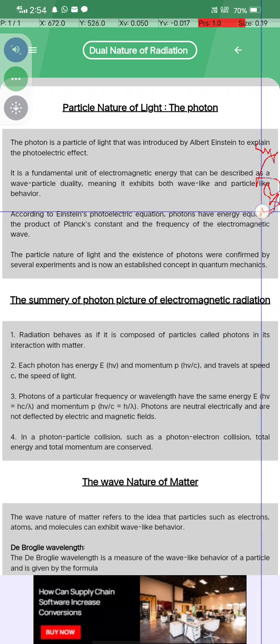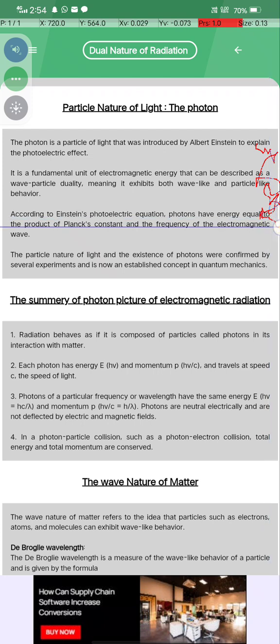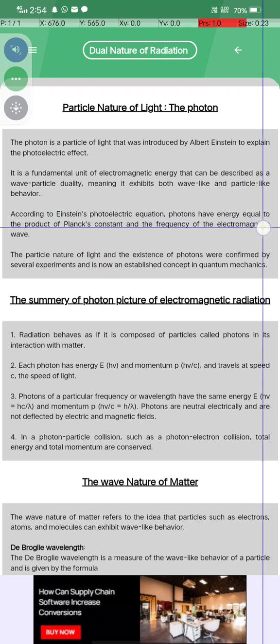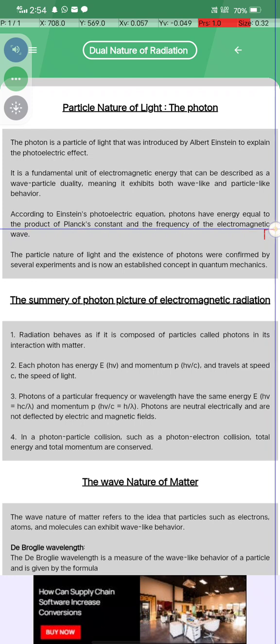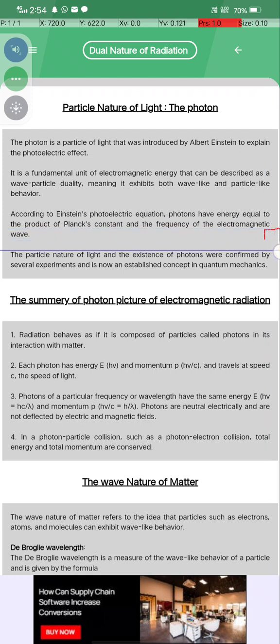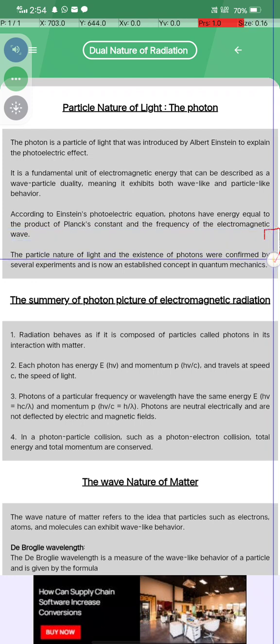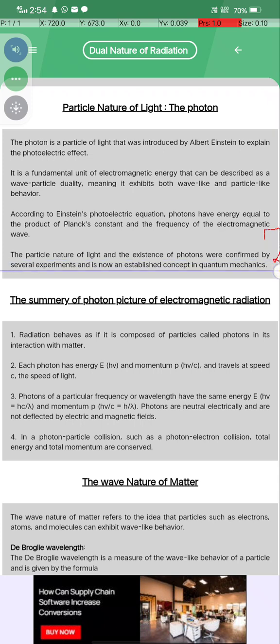According to Einstein's photoelectric equation, photons have energy equal to the product of Planck's constant and the frequency of the electromagnetic wave. The particle nature of light and the existence of photons were confirmed by several experiments, and is now an established concept in quantum mechanics.